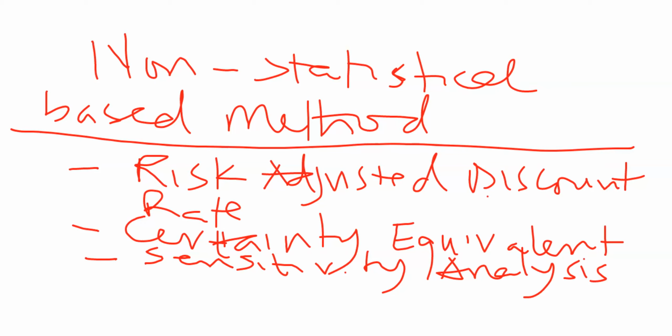So year 1, the cash flow is 720,000. Year 2, the cash flow is 630,000 naira. Year 3, 300,000 naira. Year 4, 270,000 naira. Is it clear? Yes, sir. Good.